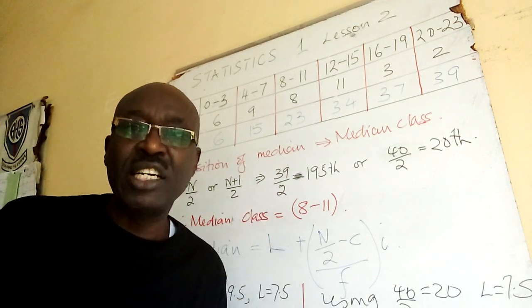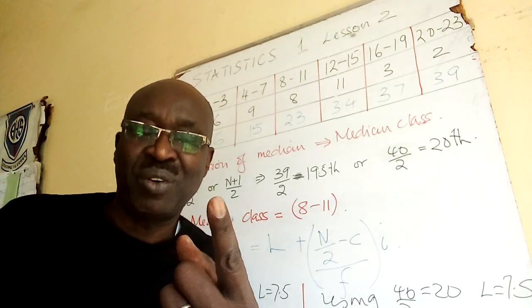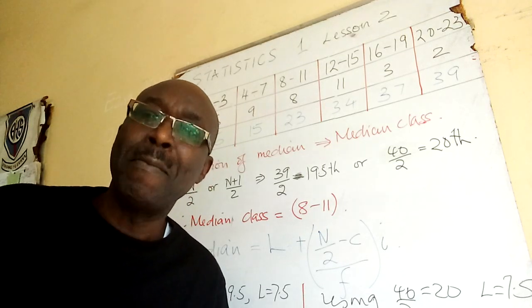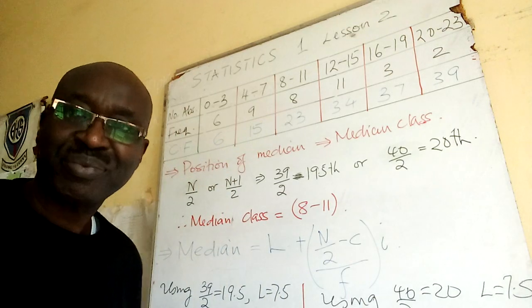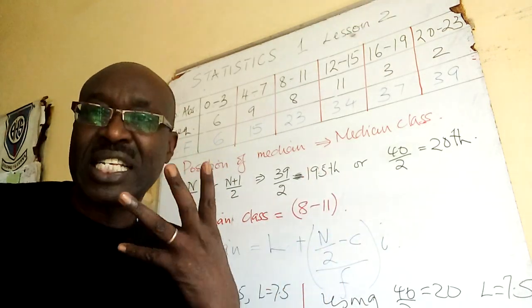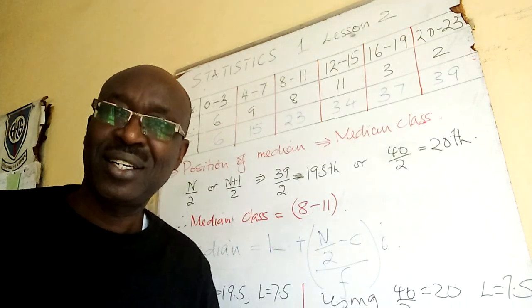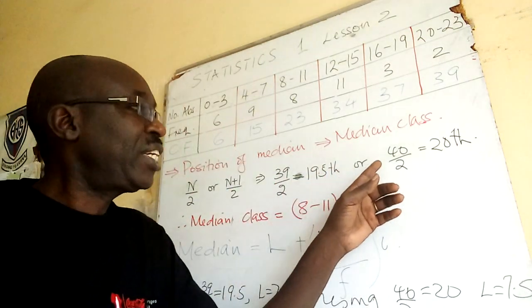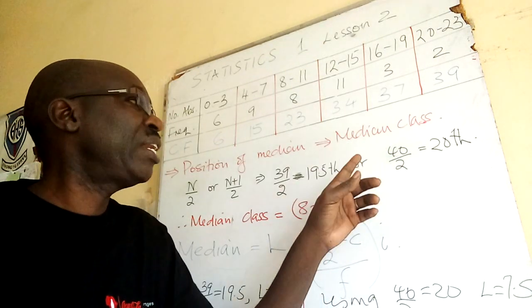And I get 19.5, not as a figure, as a position. 19.5 is middle of 19 and 20. This 0.5 simply means halfway from 19.